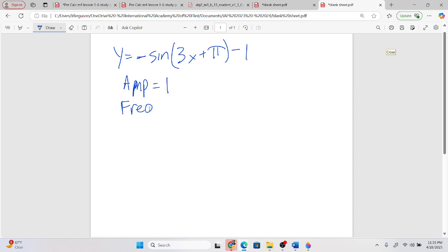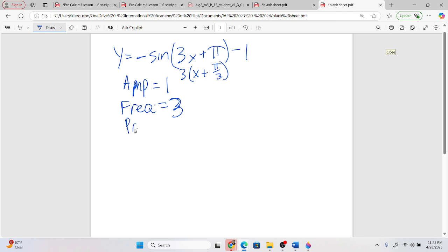So now the frequency. Well, the frequency is easy. It's whatever number's times x, and it's 3. But see, this is another one of those problems that will try to get you, because what is the phase shift? Well, that 3 was multiplied here. It's also multiplied here. So if I pull that 3 out, it will be x plus pi over 3.